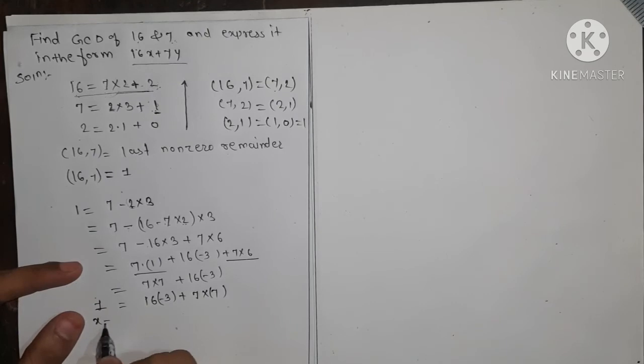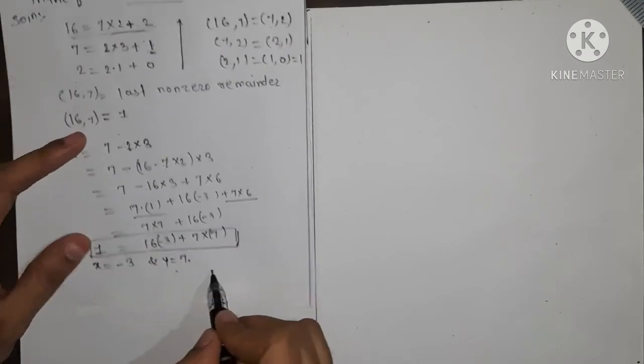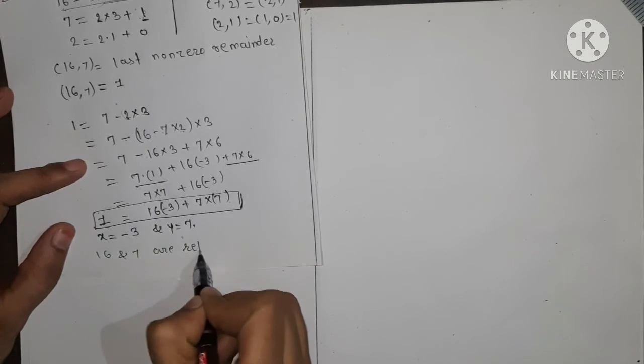So here x is equal to minus 3 and y equals 7. We have observed here that the GCD of 16 comma 7 comes out to be 1. We call the numbers 16 and 7 relatively prime numbers.